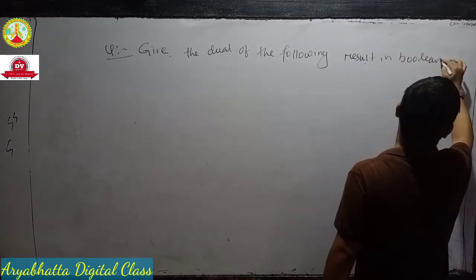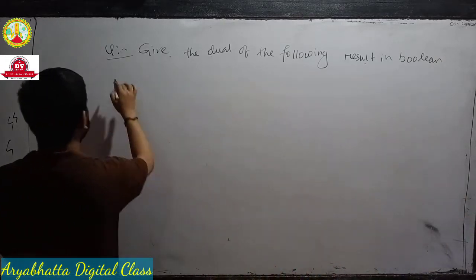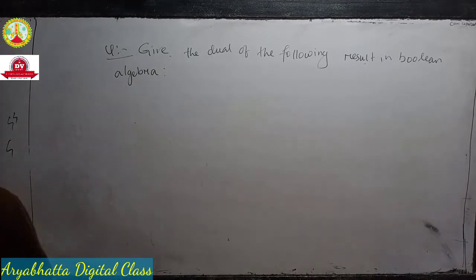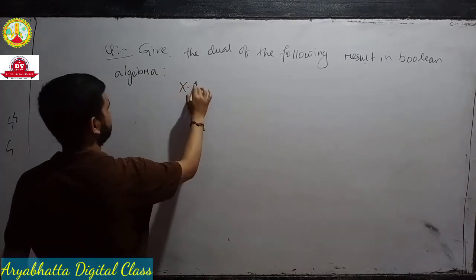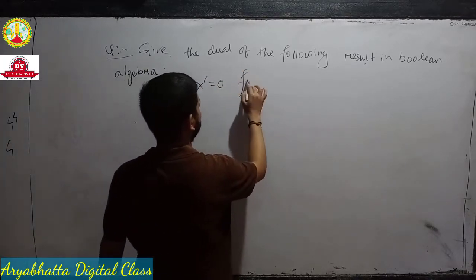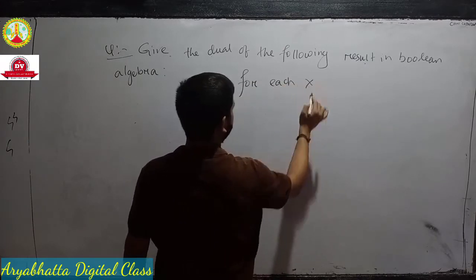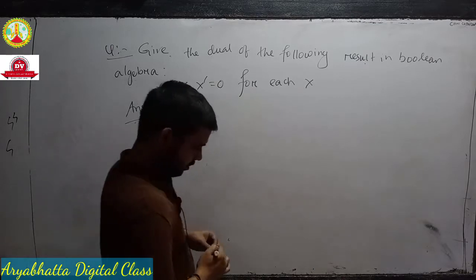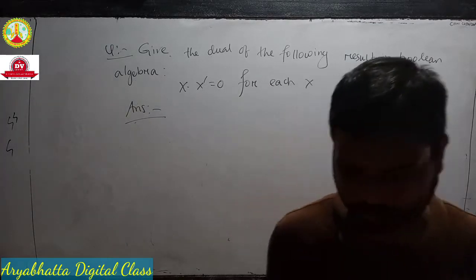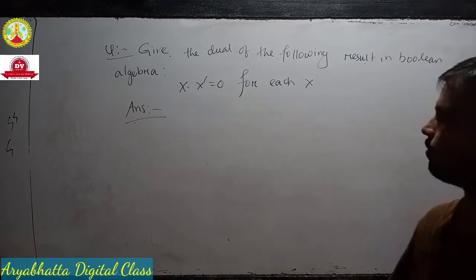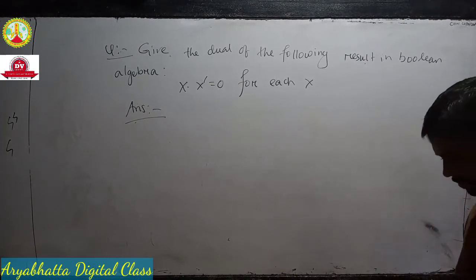What is the question? X dot x complement, means x bar or x complement, is 0 for each x.